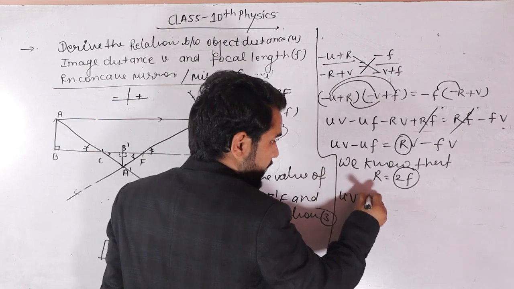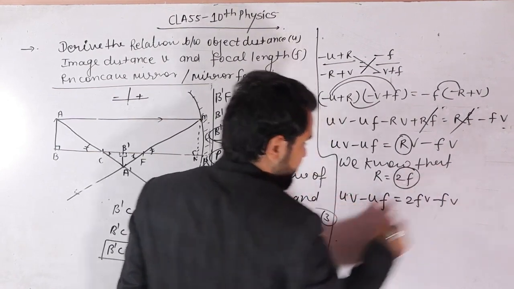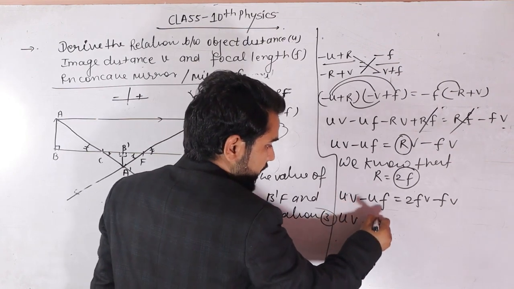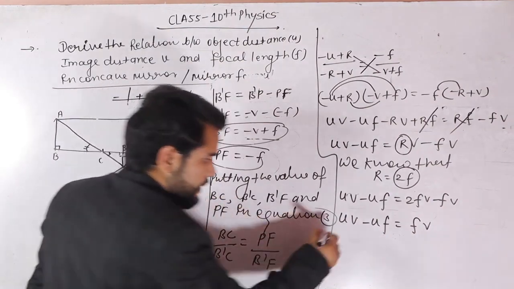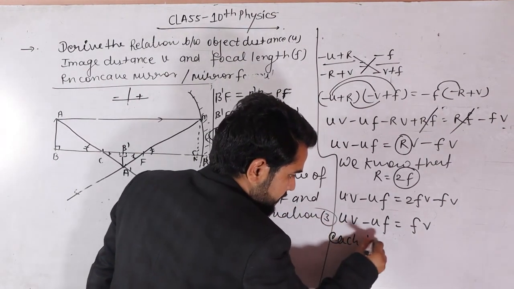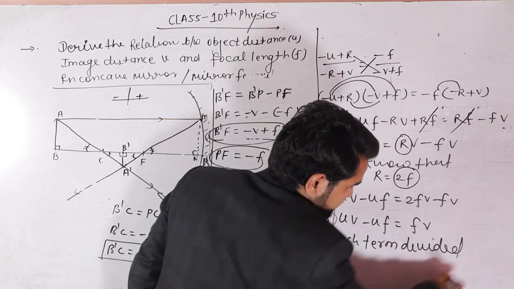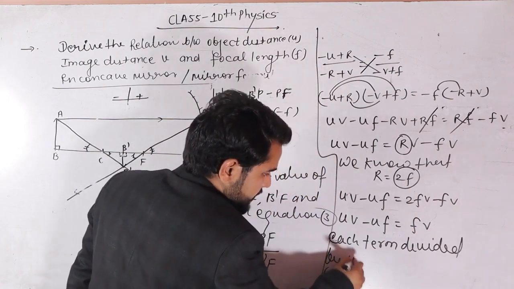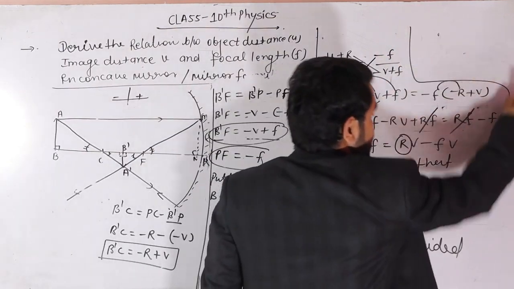So uv minus uf equals 2fv minus fv. So uv minus uf equals fv. Now each term is divided by uvf.